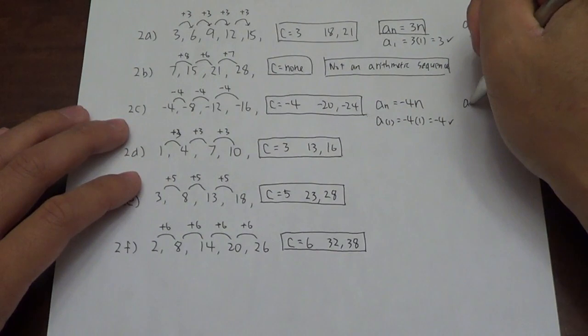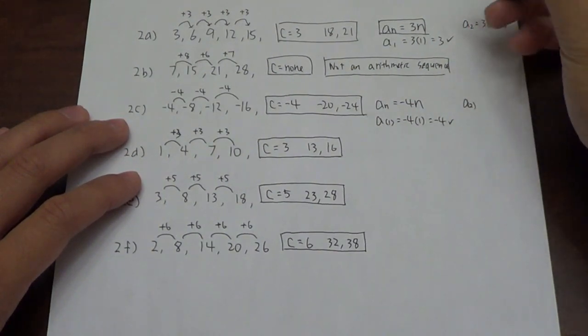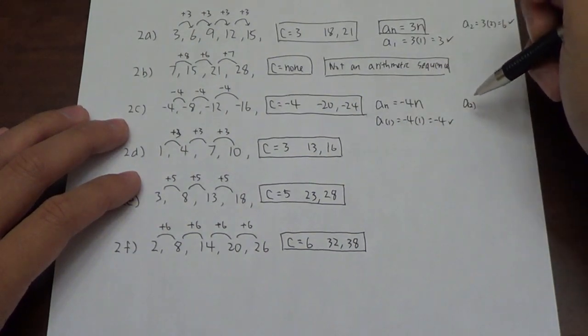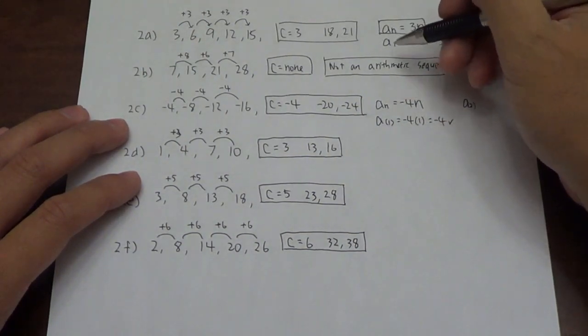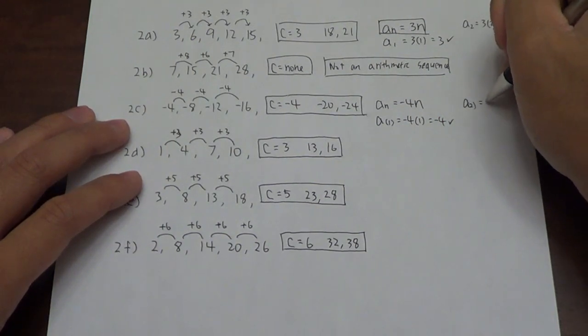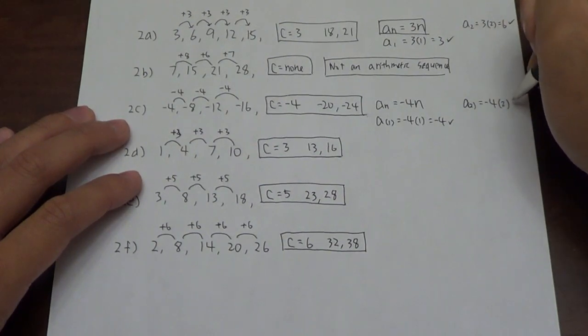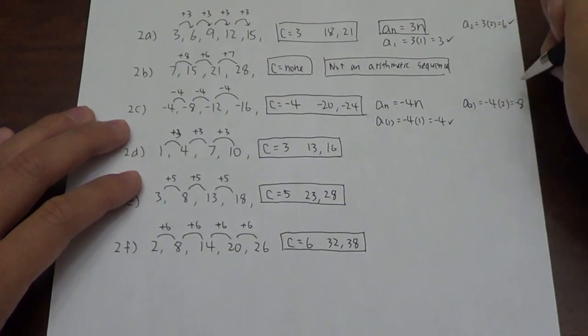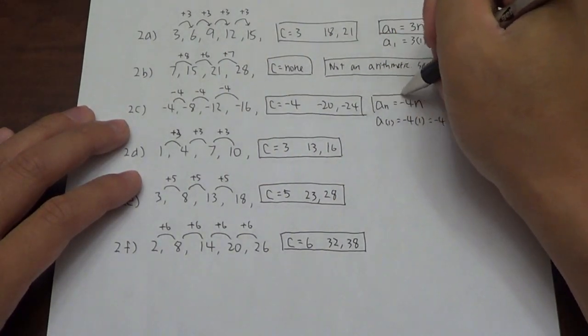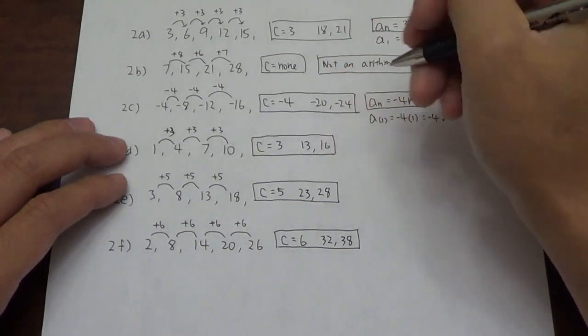Alright, let's do another check just in case. a2, and again, I'm using 2 different ways of writing it. Either you can write it with the parentheses or you don't, whichever one makes more sense to you. Alright, -4 times 2 gives me -8. Second term is -8. That's good, so the equation or the rule is good. Alright, next one.